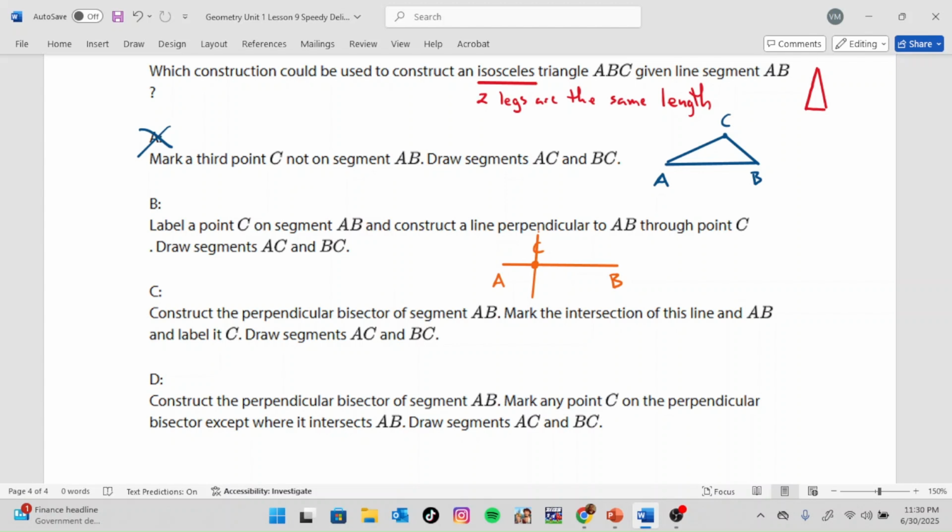Draw segments AC and BC. Well, that just creates the original segment. So B is wrong.